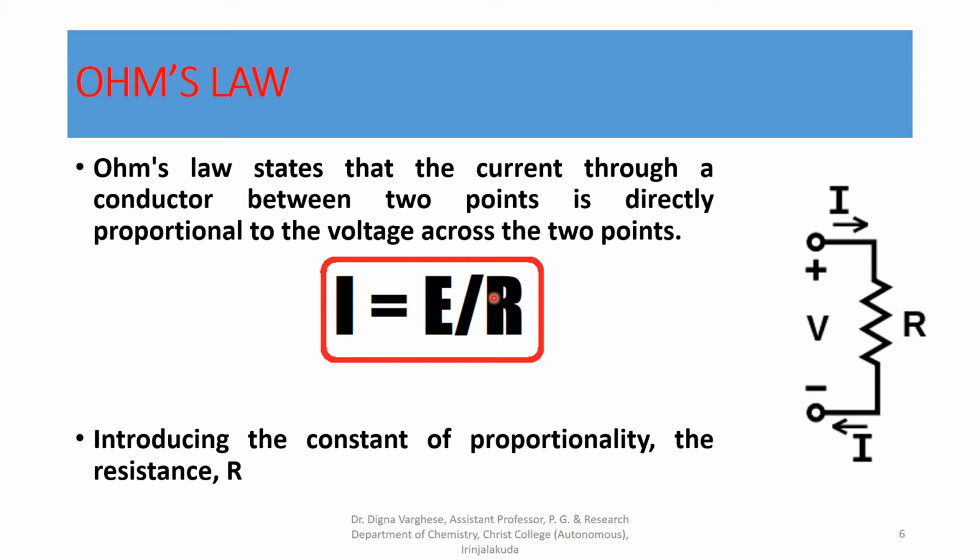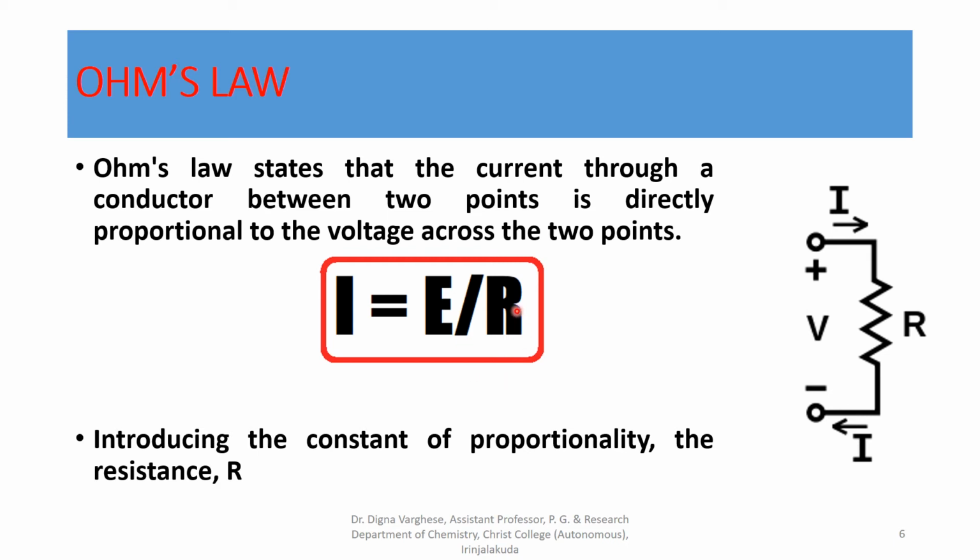So I is equal to E by R. I is the current strength in amperes, E is the potential difference in volts, and R is the resistance of the conductor in ohms.